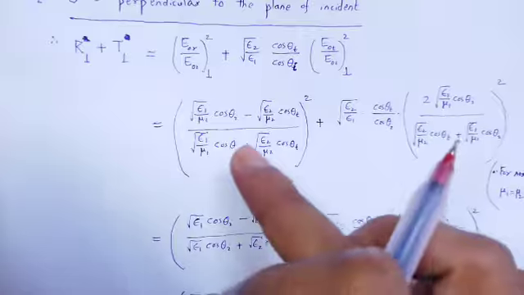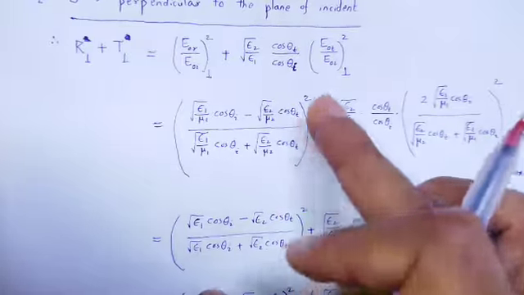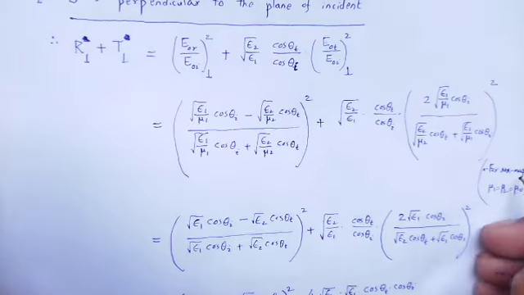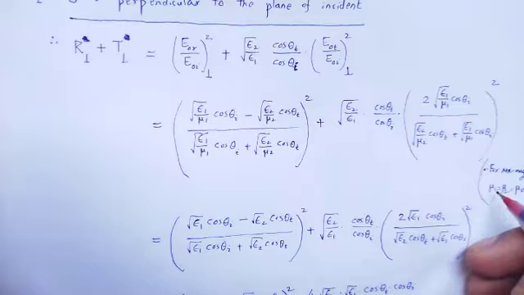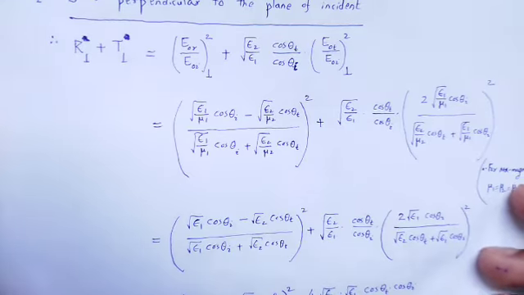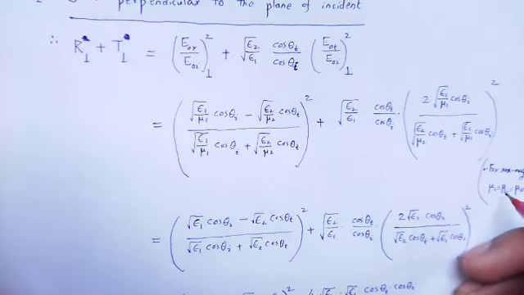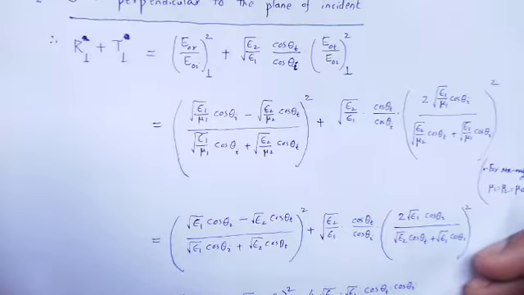So using these two equations and squaring them, as we consider a non-magnetic medium, the permeability of medium 1 and the permeability of medium 2 are the same as the permeability of free space, that is mu 1 is equal to mu 2 is equal to mu naught. This is the permeability of free space.